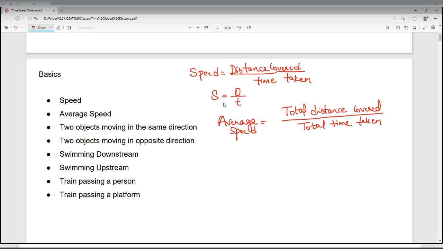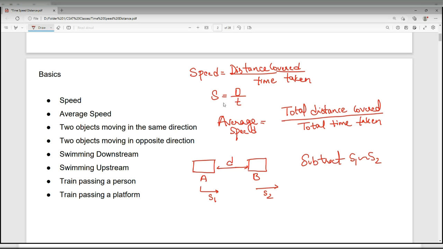The third part is when two objects are moving in the same direction. For example, let's take an object A and object B. A is moving in this direction with speed s1, and B is moving in this direction with speed s2. If this distance is d, whenever we are in this kind of situation, we take the difference of the speeds, s1 minus s2.